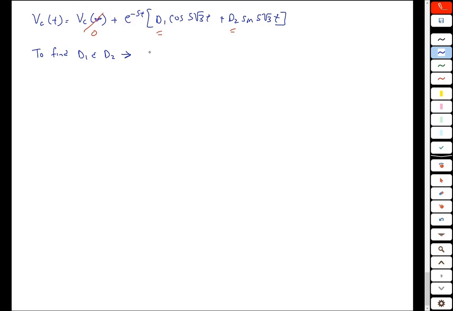We need Vc of 0 plus and Vc prime of 0 plus. Vc of 0 plus we have already. It's 10 volts from the previous page. Vc prime of 0 plus we now need to solve for.